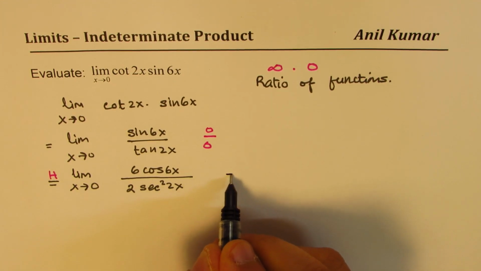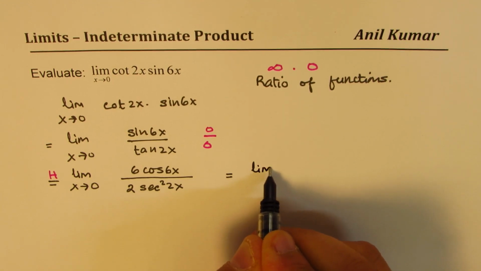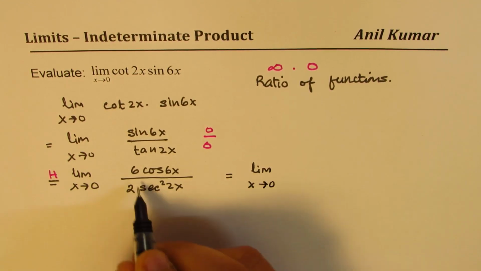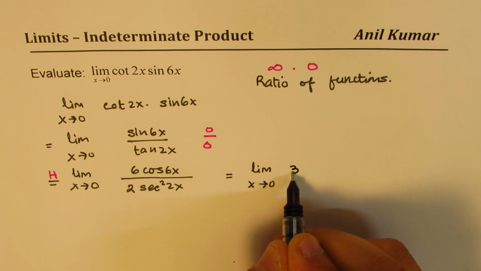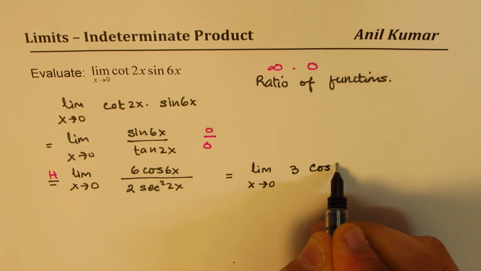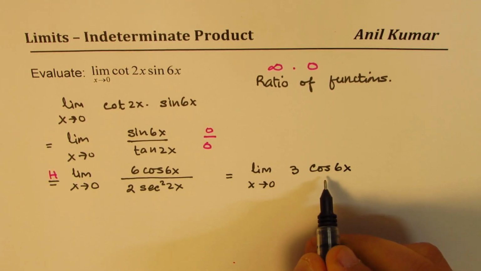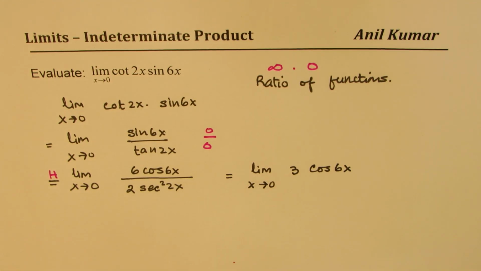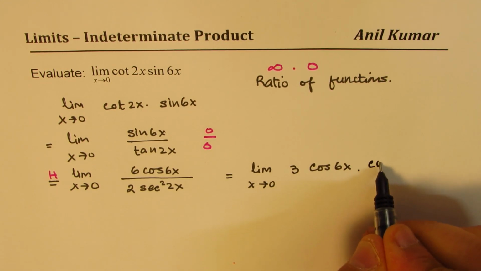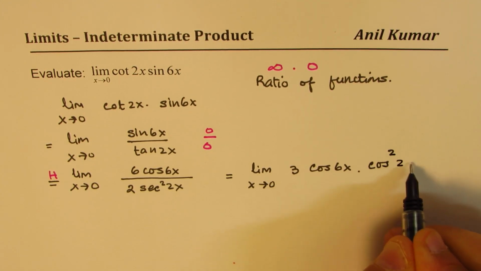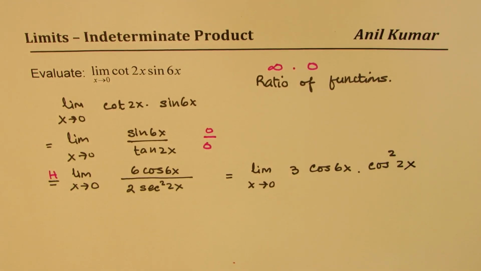So let me rewrite this as the limit as x approaches 0. 6 divided by 2 is 3. And we have cos of 6x. And, well, we could substitute 0 here also, anyway. Or, let me write this as cos square 2x. Okay. That's fine.